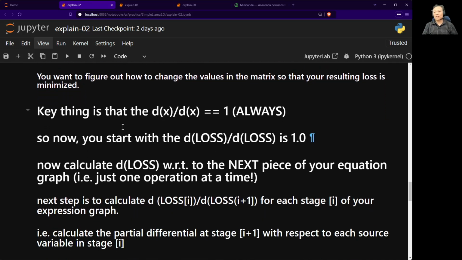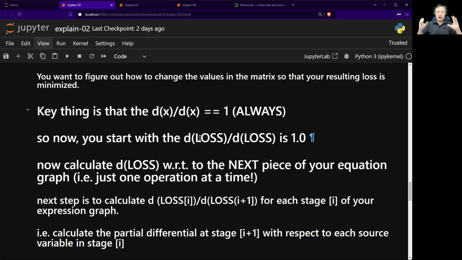And the key secret here is that first you start off with the idea that the derivative of anything with respect to itself is 1, always. Okay, so now you generated the loss values. Just forget about the complexities of an actual neural network.